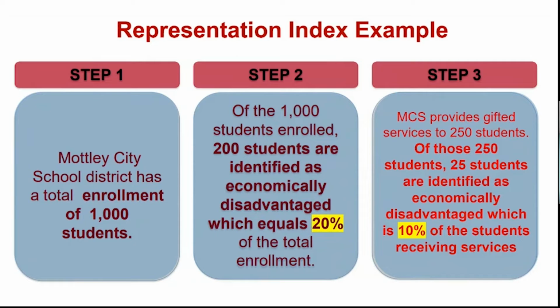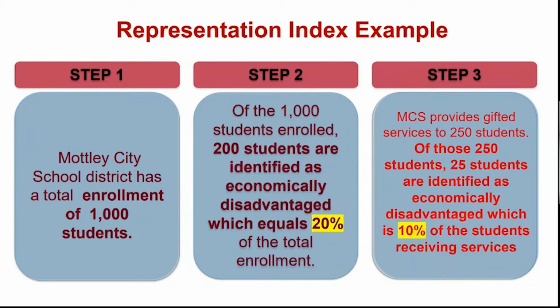So in this situation, you'll notice that step 1 and step 2, there was no change. So in step 3, now we're looking at the service of students. So of the gifted students, we service 250 at this school district, and 25 of those that are serviced, which was actually the same number as before, are identified as economically disadvantaged.